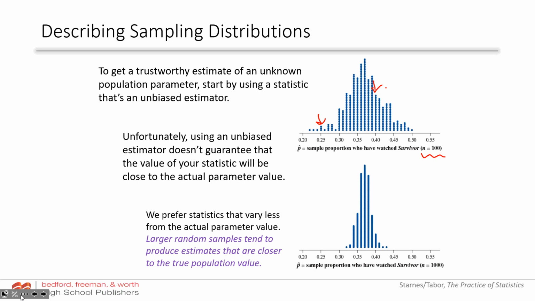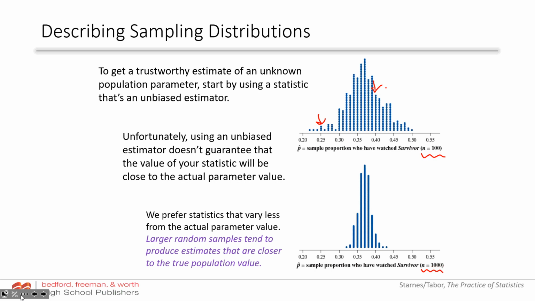Now, if we ask the same question, and it's important to note that this is from the same population. But if we ask the same question to the same population, but now we only take a sample of size 1,000, what do we know about bigger samples?